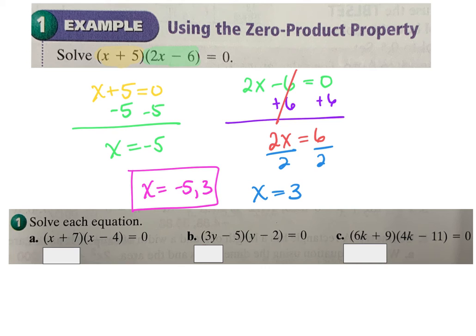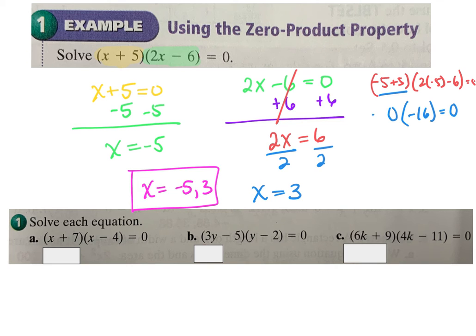So if I plug in a -5 to check it, I can say, well, -5 plus 5 and 2 times -5 minus 6 equals 0. Well, I already know that -5 plus 5 is 0, right? It really doesn't matter what this is, but 2 times -5 minus 6 is -16. Does 0 times -16 equal 0?